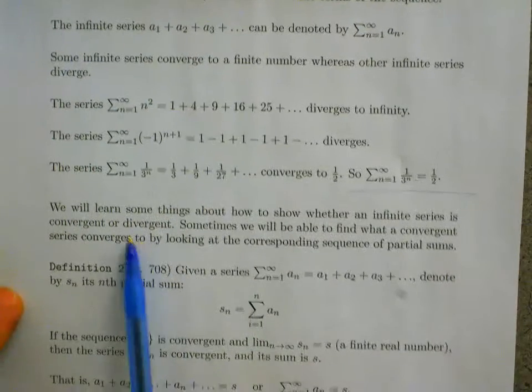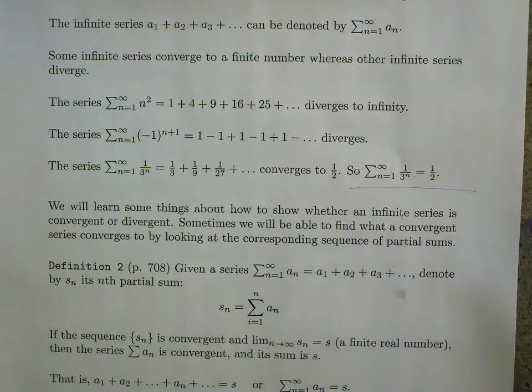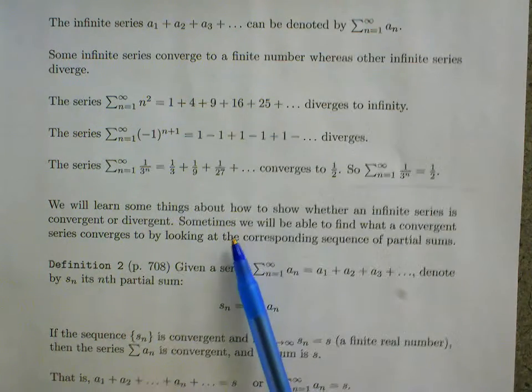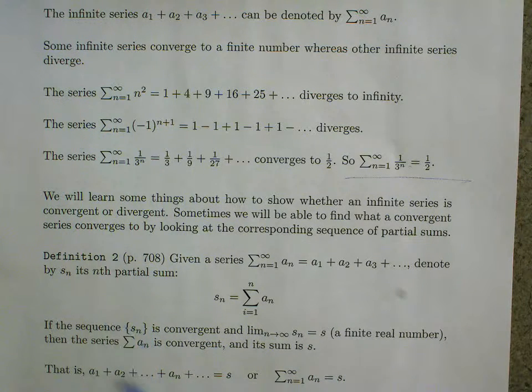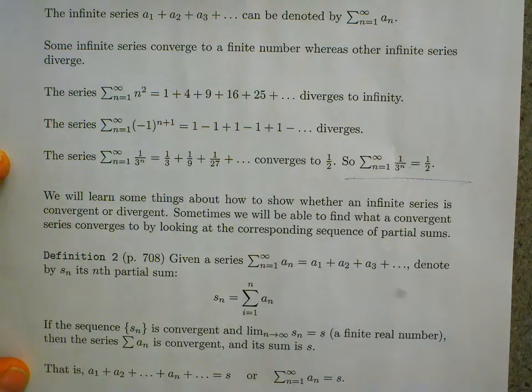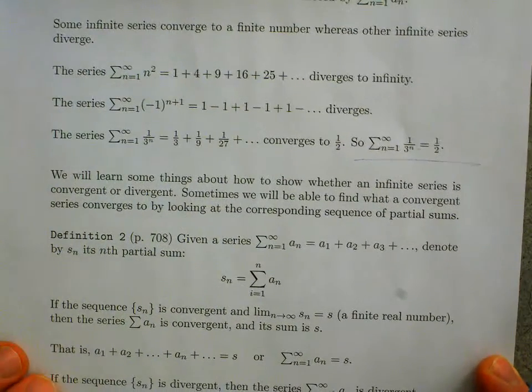Okay, we will learn some things about how to show whether an infinite series is convergent or divergent. And sometimes we will be able to find what a convergent series converges to by looking at the corresponding sequence of partial sums. There will be some series that we will just be satisfied to know that they converge, but finding what they converge to is often extremely difficult. Okay, but this next definition is sort of important.